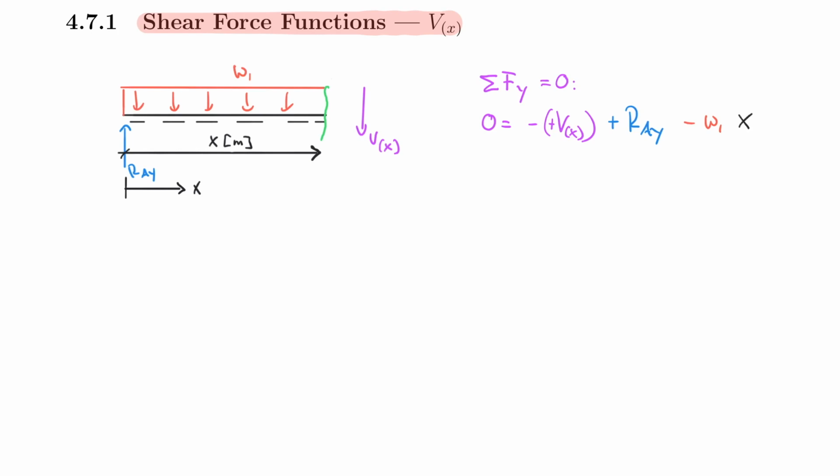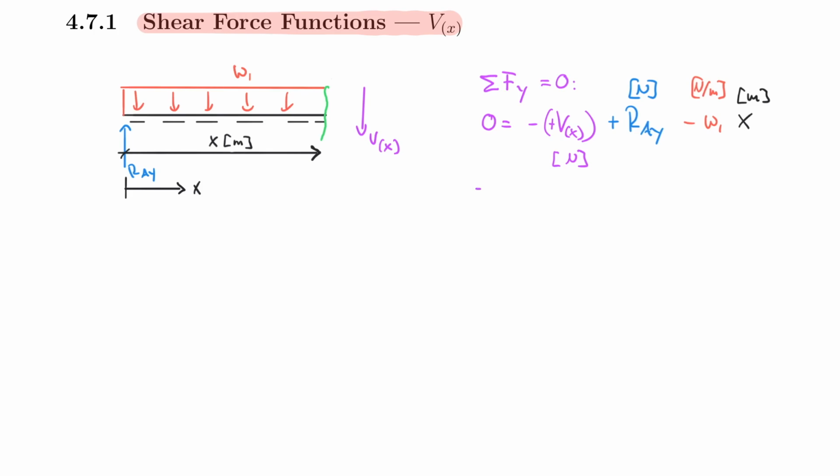So x, and x in this case is in meters. And W1 is, let's say, in Newton per meter. And RAY is in Newton. And the shear force then also comes out in Newton. And if I rearrange this now, I have my shear force function already developed.